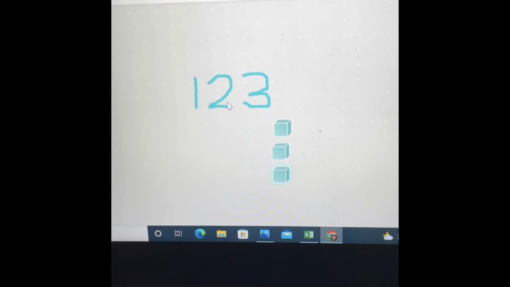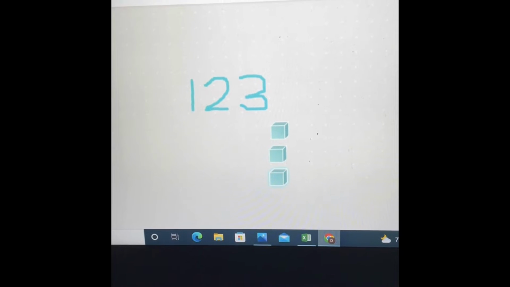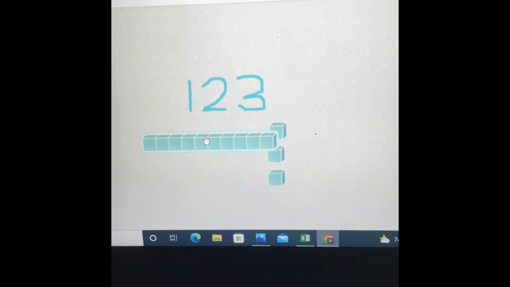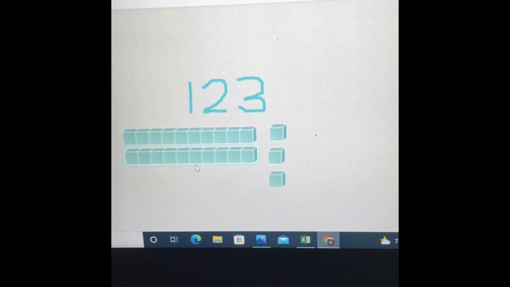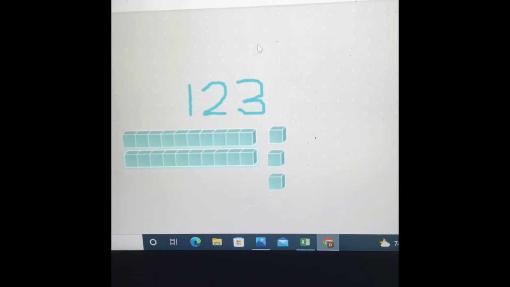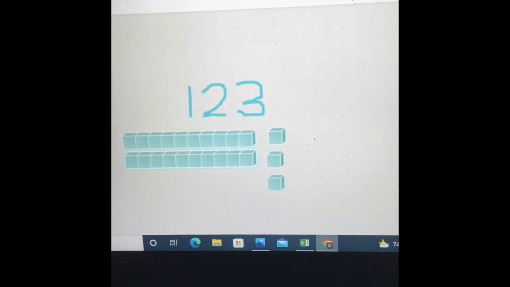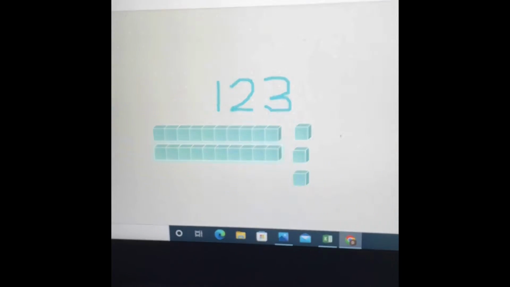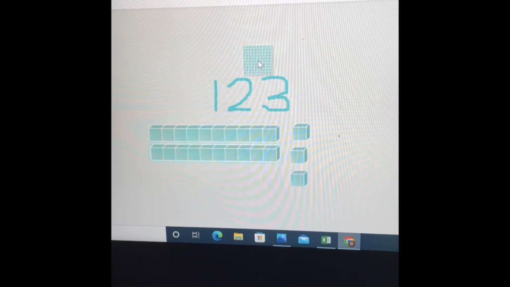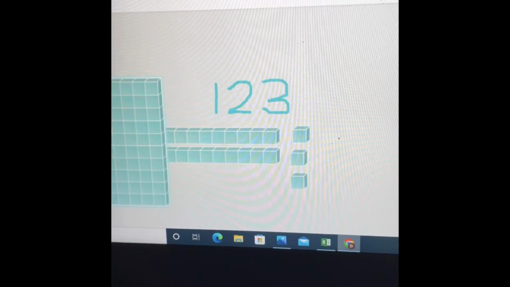There are 2 tens in the number 123, so I'm gonna bring down 2 tens and count by 10 as I do that. 10, 20. We have 100 in the number 123, so I'm going to bring a 100 block down here.